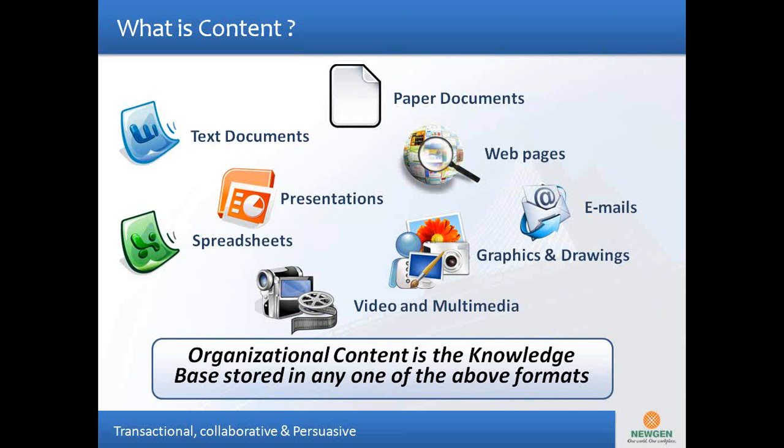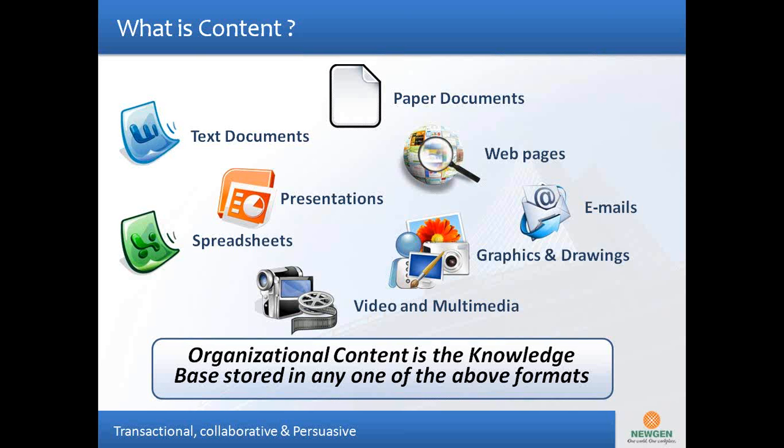So simple definitions are: transactional content is the content which comes from outside the organization. For example, if you open a bank account, you submit your application form and supporting documents. So this becomes the transactional content for bank because it is coming from outside the bank. And collaborative content is the content which is generated within the organization through collaborative process.